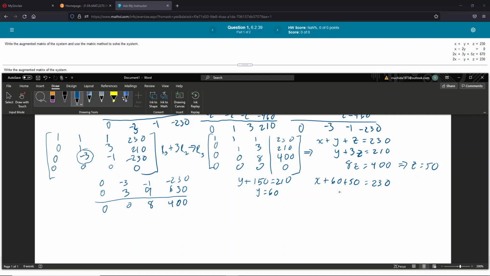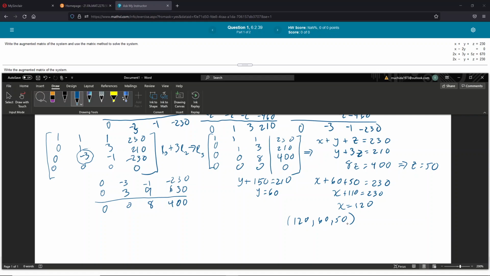So 60 plus 50 is 110, and x plus 110 equals 230. Subtract 110 from both sides, and you get x equals 120. So our solution is the ordered triple 120, 60, 50, meaning x is 120, y is 60, z equals 50.